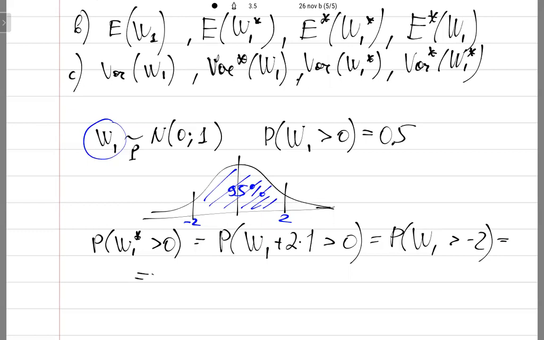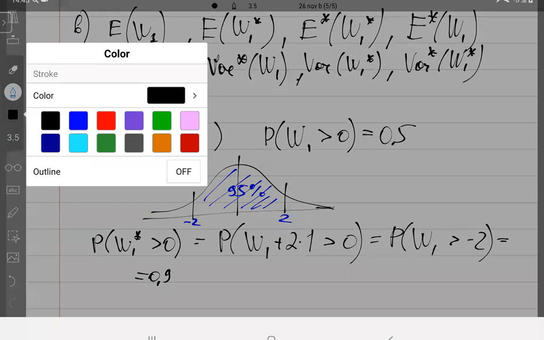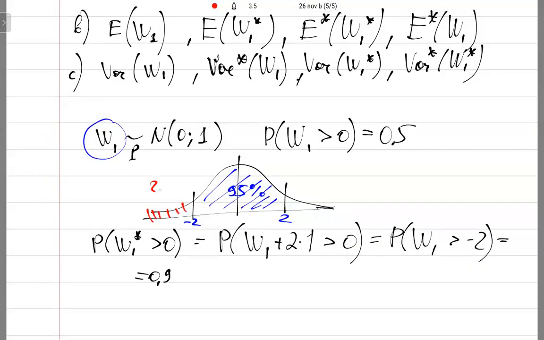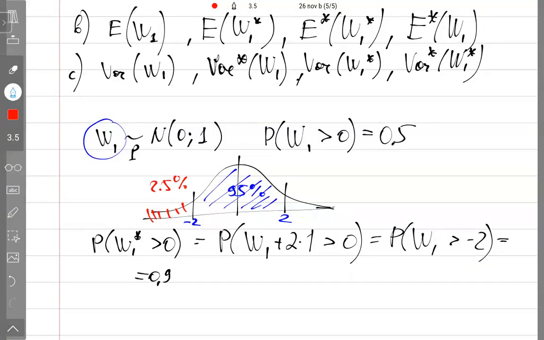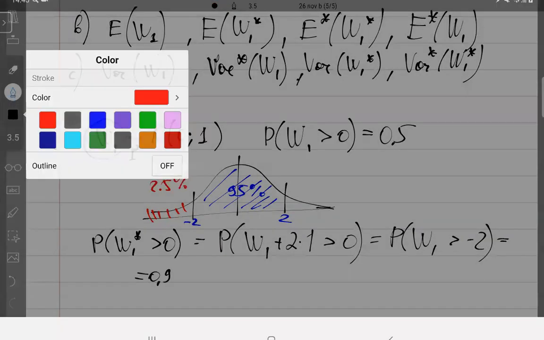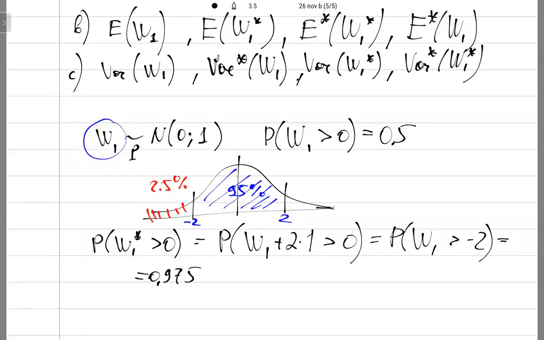0.975. Yeah, it's 0. So I should remove the left tail, 2.5%. And you're right that the answer is almost 1. If I calculate the probability under star that W1 star is greater than 0, then it's easy because we have a match.